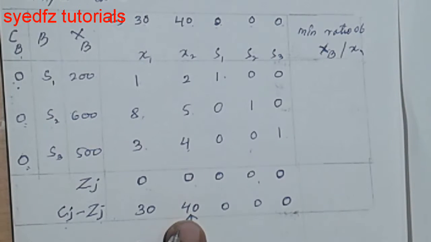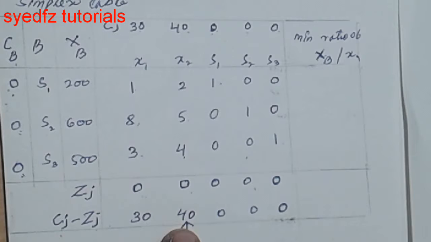Then our simplex method is solved and we reach the solution, but not any single value should be positive. So select the highest positive value, which is 40.